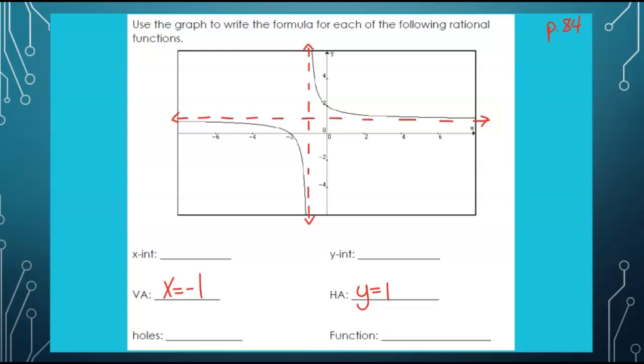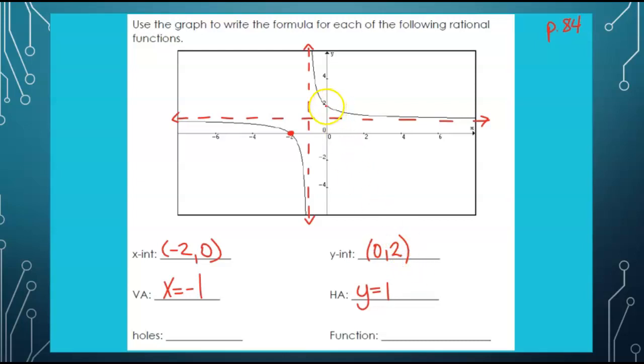Okay, so the x-intercept, look at your answer. I'm going to call on somebody. Angela, what did you get? -2, 0. Good, right there. And then for the y-intercept, look at your answer. Chris, what did you get for the y-intercept? 0, 2.